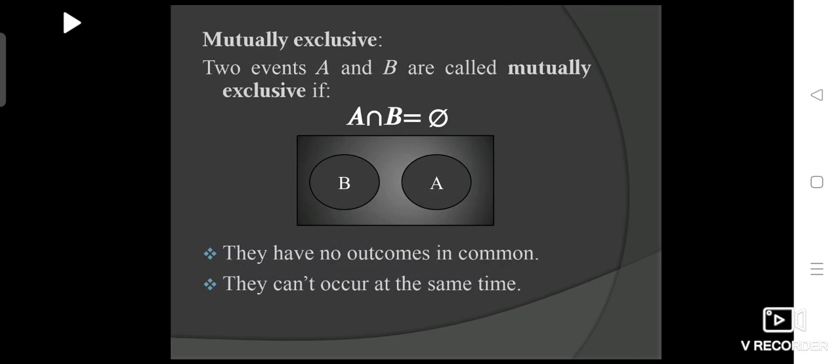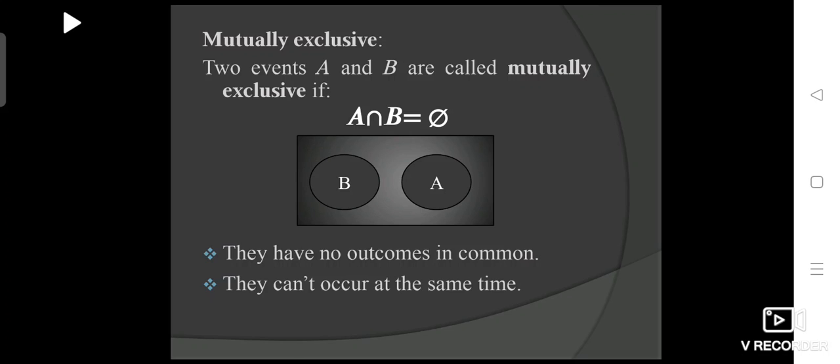Now, what is mutually exclusive? Mutually exclusive means disjoint sets. There is no common element, or no observation is common between the two sets, so they are called mutually exclusive sets.